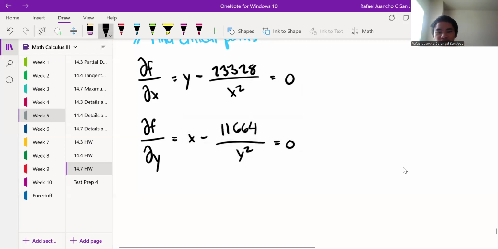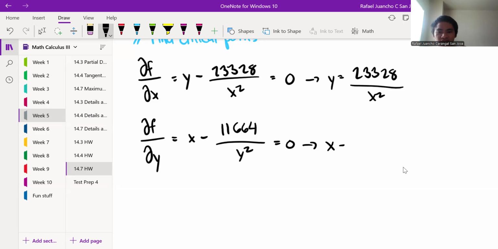And then after that, now we want to solve the system because we have two equations. So we have y equals 23328 over x squared, and here I could plug that in. I would get x minus 11664 over this thing squared.